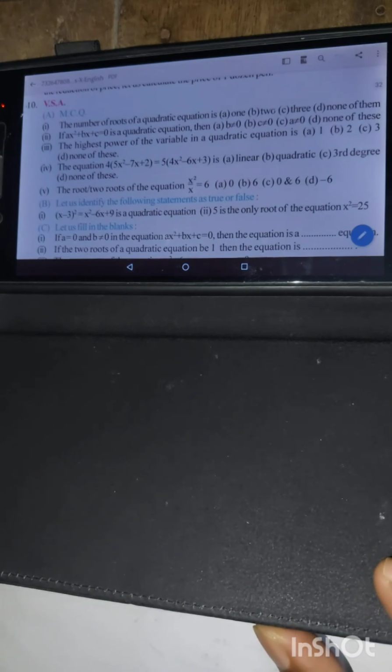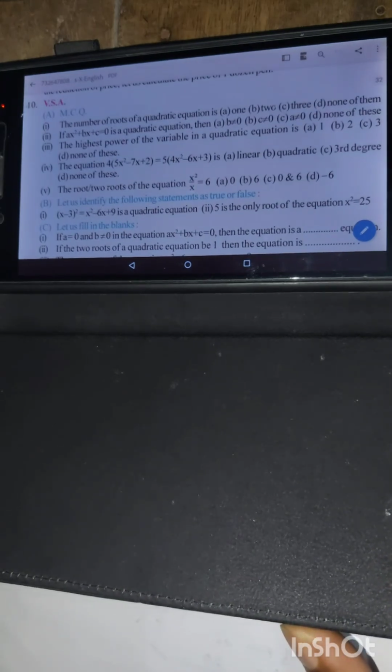Question number Roman 2 says if ax square plus bx plus c equal to 0 is a quadratic equation, then b not equal to 0, c not equal to 0, a not equal to 0, none of this. Okay, the coefficient of x square cannot be 0, that is a cannot be 0. So option C is our correct answer.